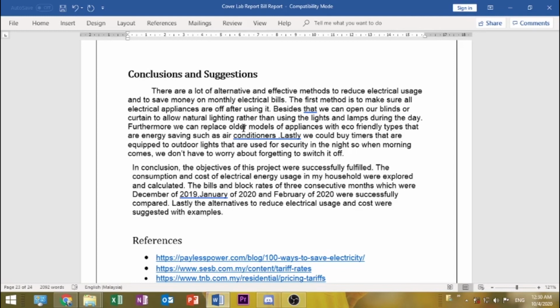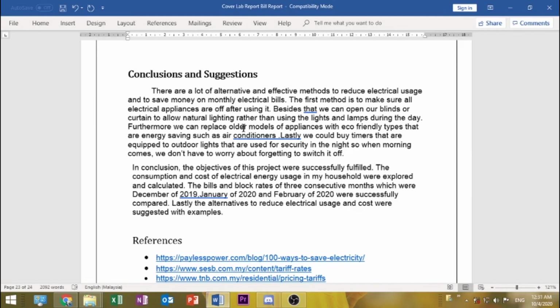Like before, I had one air conditioner that is an older model, and I replaced it with a newer one that is eco-friendly and uses less electricity than the older one, because of the technological advancements in the appliances that we have today, they are making it a safer and more cost friendly way to use electricity.